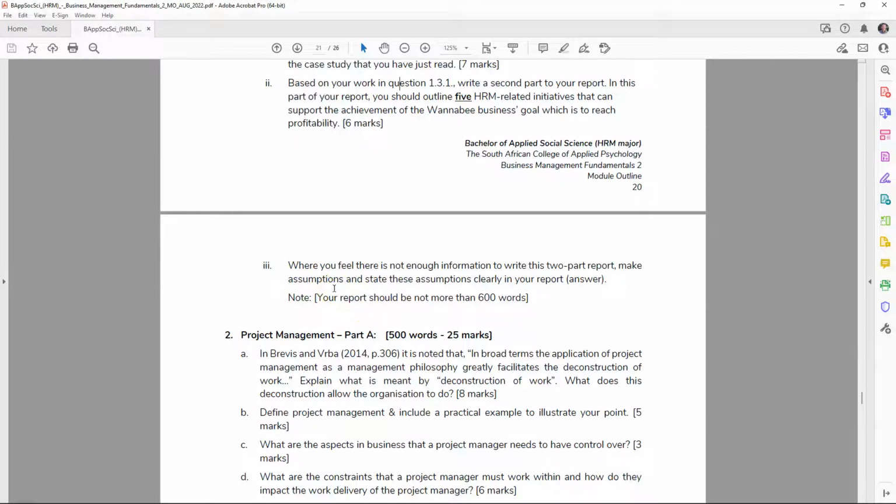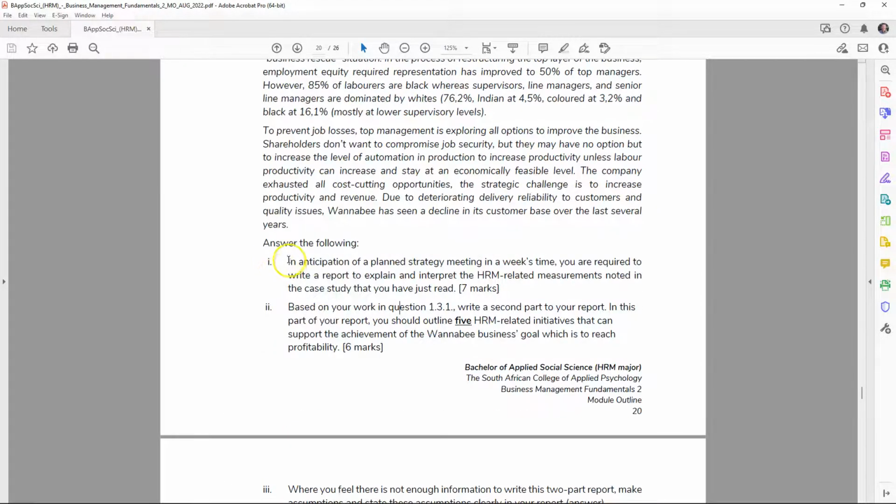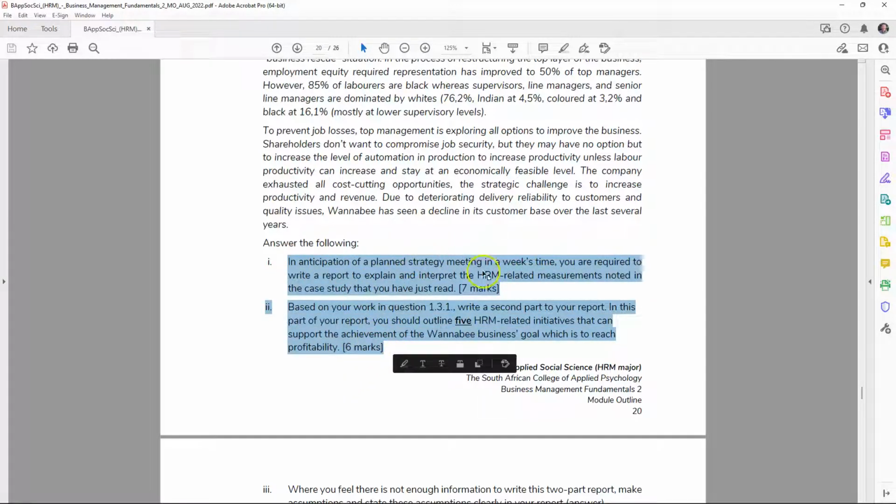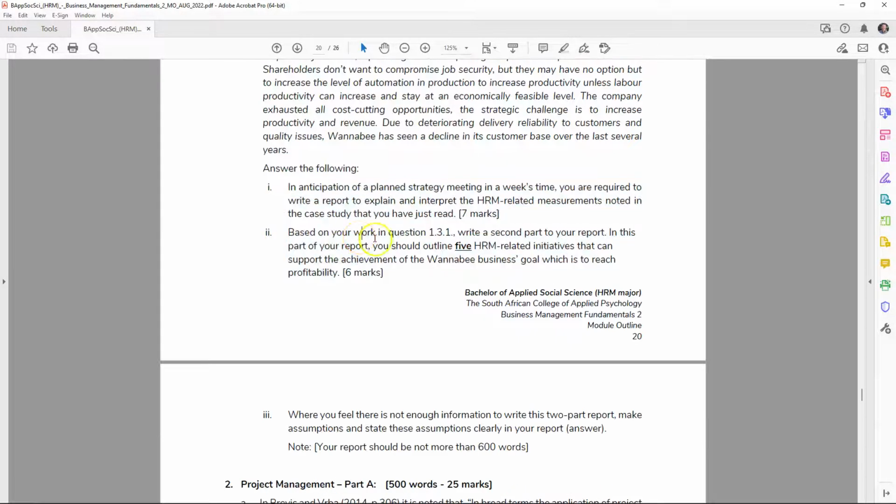And then the full report really centers around those 2 elements: the analysis to interpret the HRM-related measurements, and then the 5 HRM-related initiatives. That's the report.